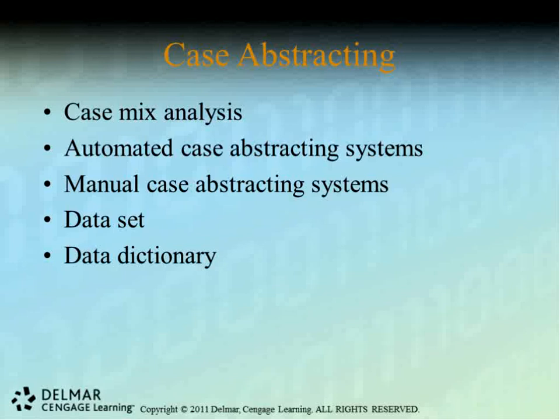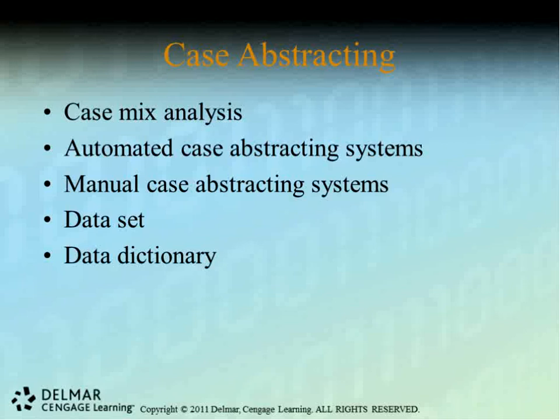And basically what they're creating is what we call a data set of information that we're going to collect or abstract from our record or from that patient encounter. What information are we going to abstract? And this is what we call a data set, and we kind of had a discussion on this earlier in the course.